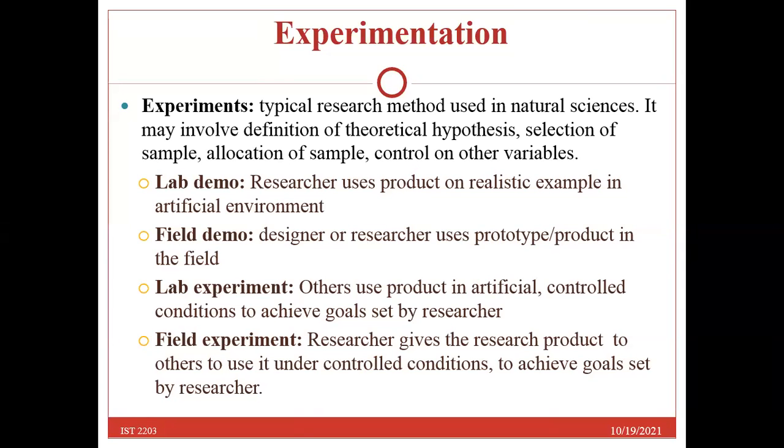We are talking food science, biology, physics, where you will have an experiment, just like how it used to be in the physics lab, something you set up and then you see what will happen. They may involve definition of a theoretical hypothesis. That is, there may be a statement that if I put this liquid in here, it will turn like this. And then a selection of a sample, allocation of sample, and control on other variables.